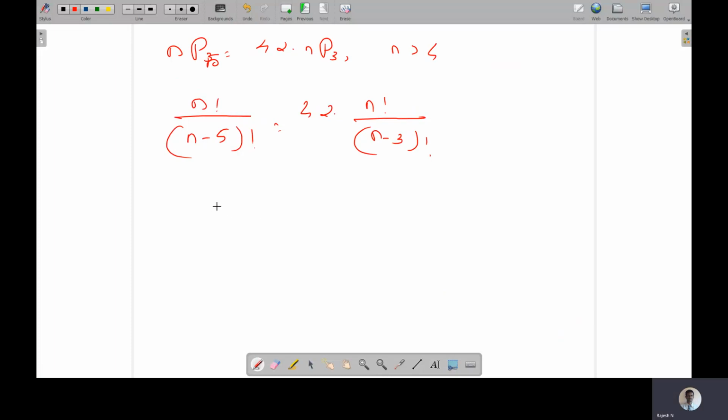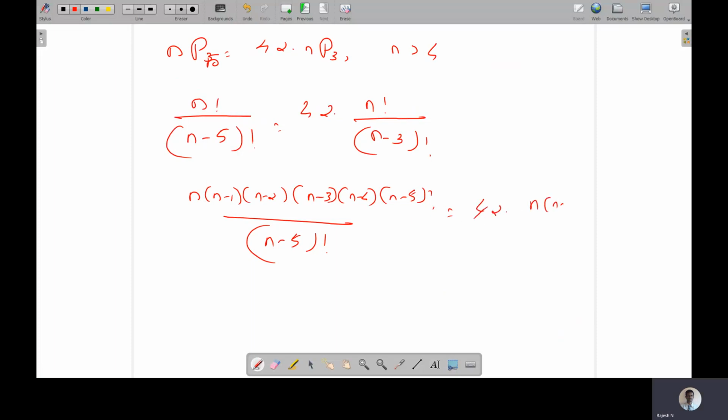So how to do this? n factorial by (n minus 5) factorial is n into (n minus 1) into (n minus 2) into (n minus 3) into (n minus 4) into (n minus 5) factorial by (n minus 5) factorial, equal to 42 into n into (n minus 1) into (n minus 2) into (n minus 3) factorial by (n minus 3) factorial.